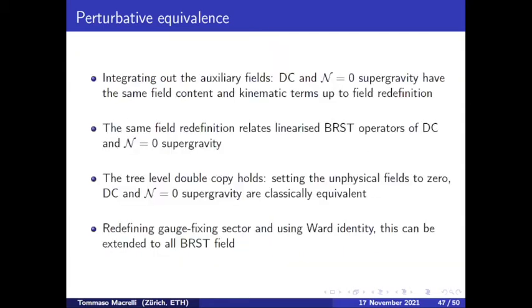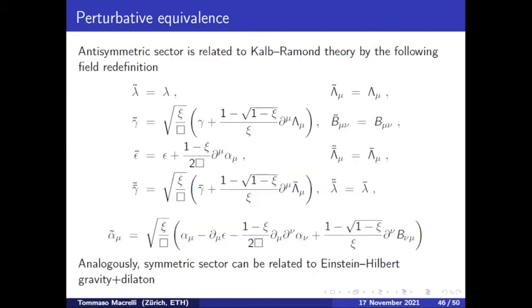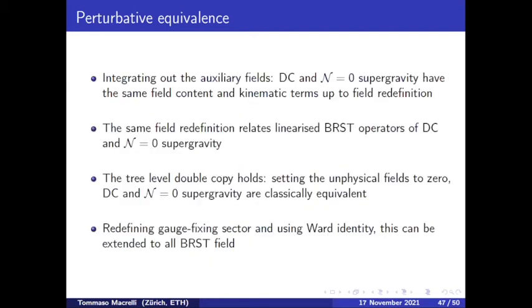And then if we integrate out the auxiliary field, we have two theories with the same field content and the same kinematic terms up to field redefinition. And it's important to stress that the field redefinition here relates the linearized BRST operator that we have on the double copy theory and n equals 0 supergravity.